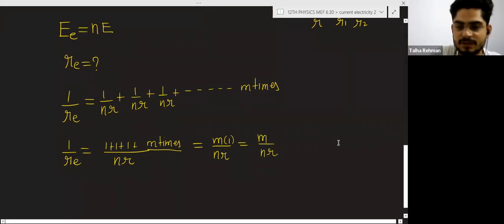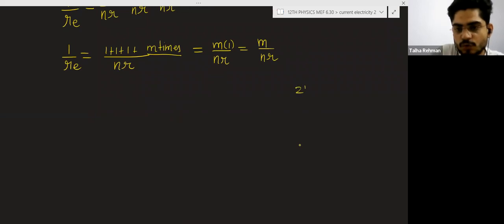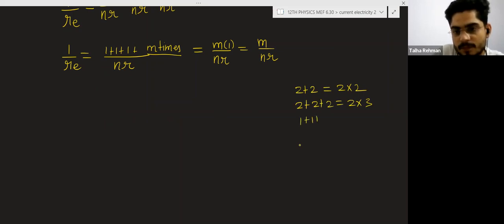See this: if you are adding 2, 3 times, then you will write 2 into 3. If you are adding 1, 3 times, you will write 1 into 3. If you are adding 1, 4 times, you will write 1 into 4.